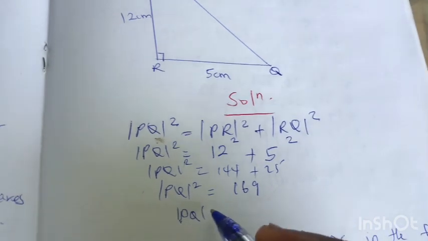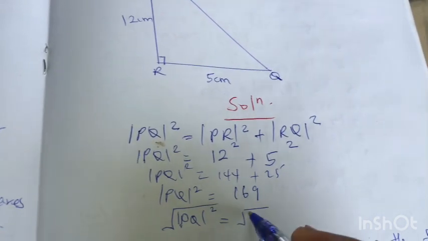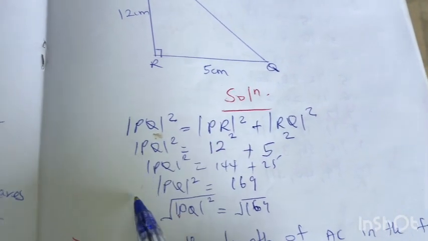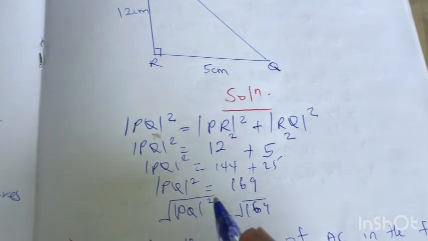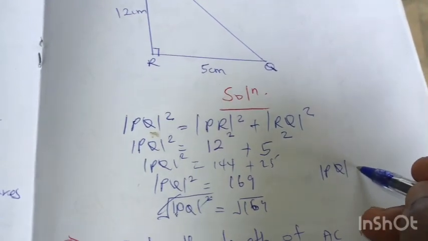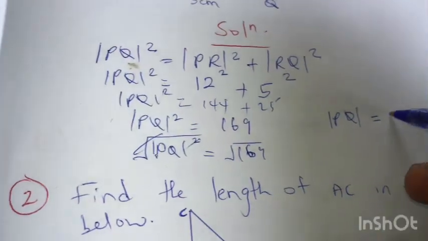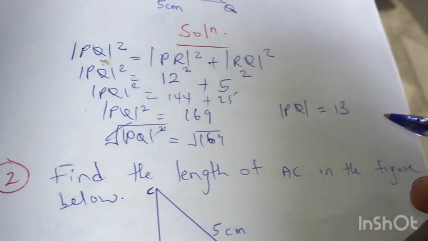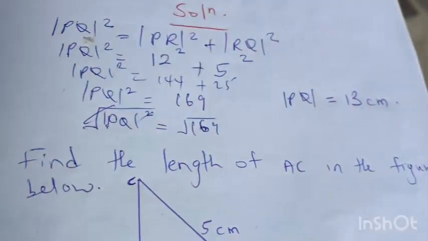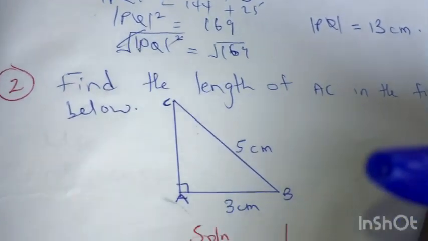To find PQ, I square root both sides so that the square root cancels the square. Now line PQ equals the square root of 169, and the square root of 169 is 13. So line PQ is 13 centimeters.